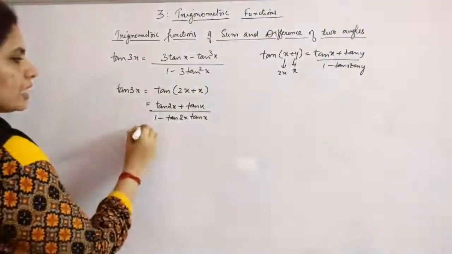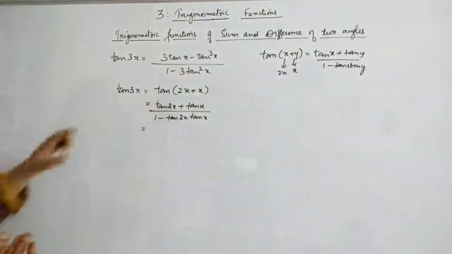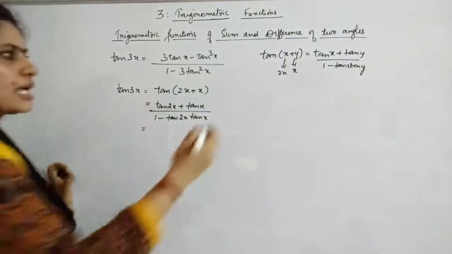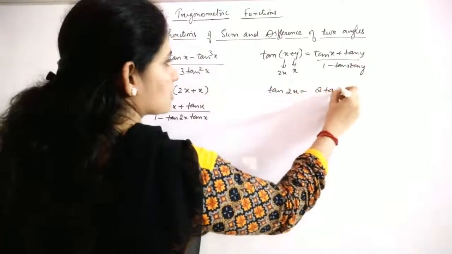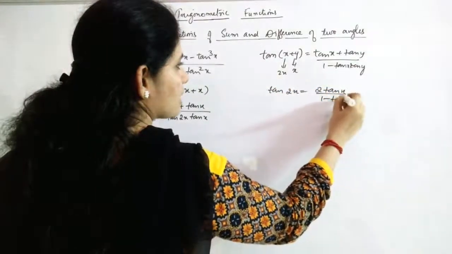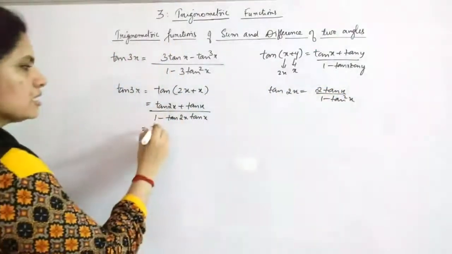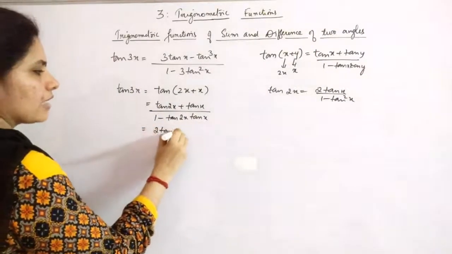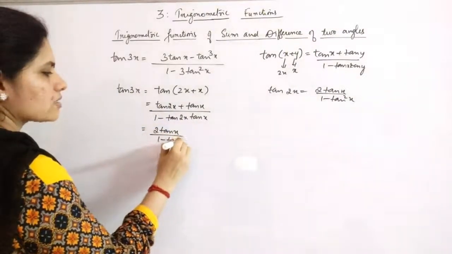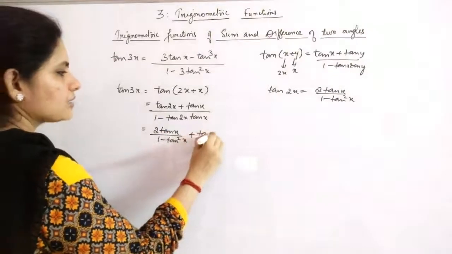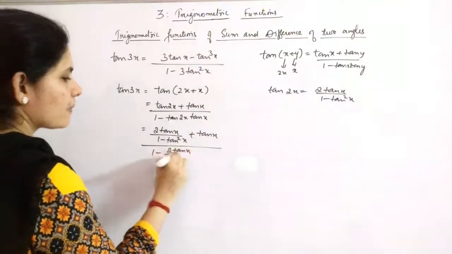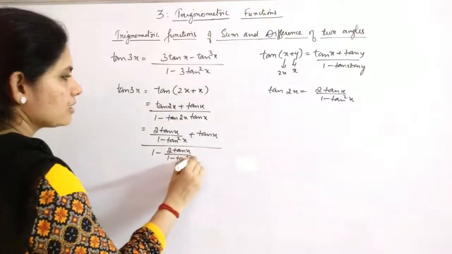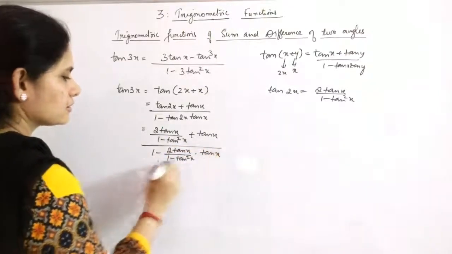Now we are again changing this tan 2x. What is tan 2x equal to? Tan 2x is equal to 2 tan x divided by 1 minus tan square x. So we are replacing it here. So it will be 2 tan x divided by 1 minus tan square x plus tan x, divided by 1 minus 2 tan x by 1 minus tan square x into tan x.